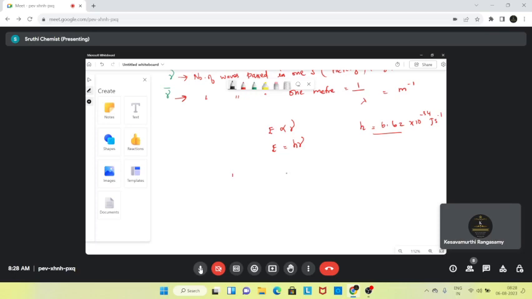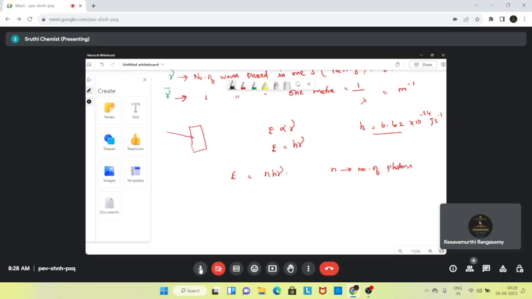So energy is equal to N h nu. What does N denote? N denotes the number of photons. Here we are considering light energy, so the light energy depends on the number of photons striking an object. You have a substance and you want to find the energy.